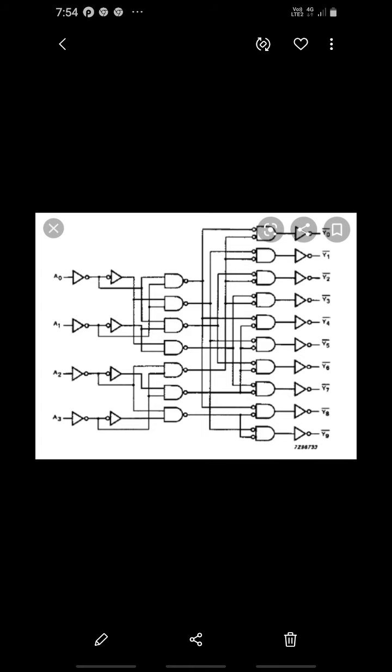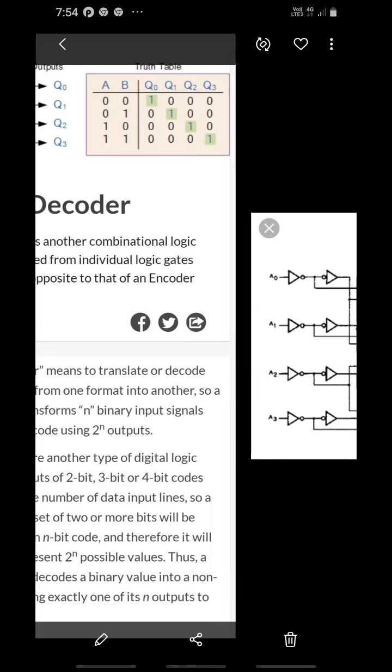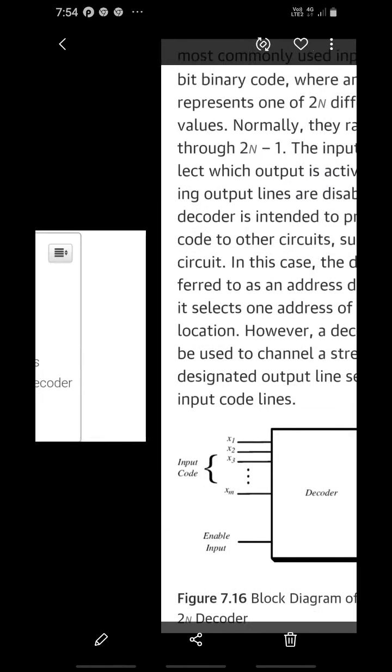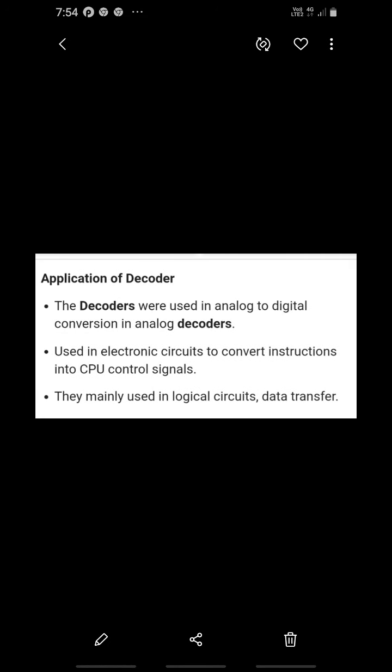And next, applications of the decoder. The decoders are used in analog to digital conversion in analog decoders.